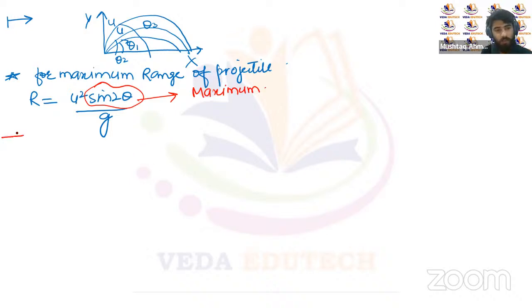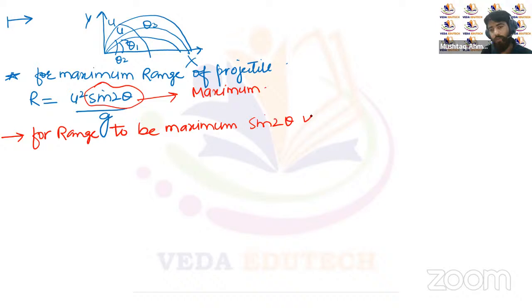It means that for range to be maximum, sin 2 theta should be maximum, right?